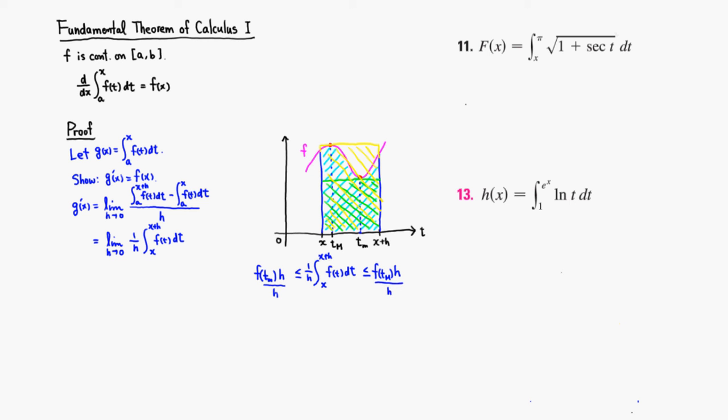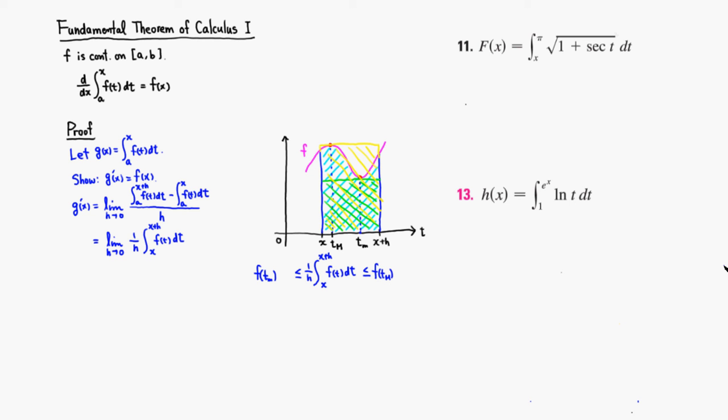You can see that the h's cancel out there, and there. To clean it up, I'm going to erase those h's because we don't need them anymore. So this is the lower bound and the upper bound.